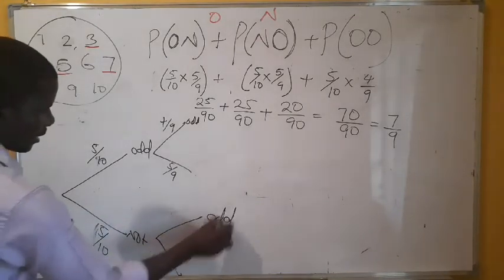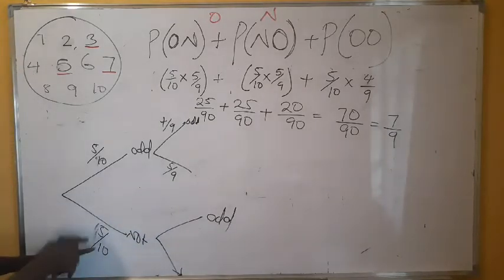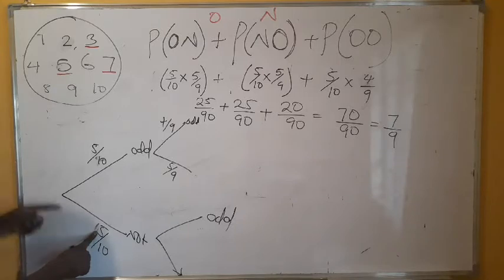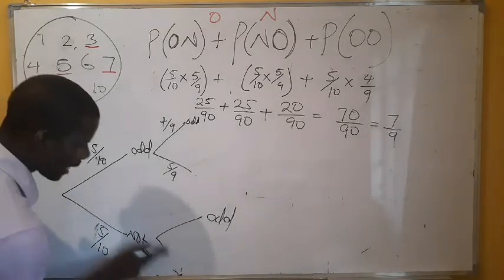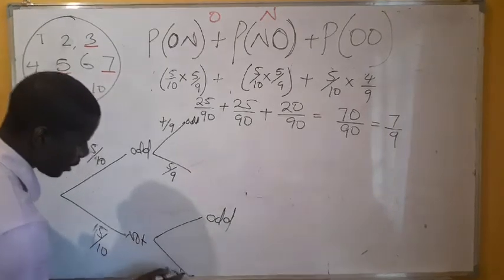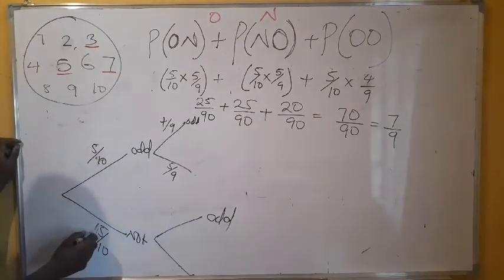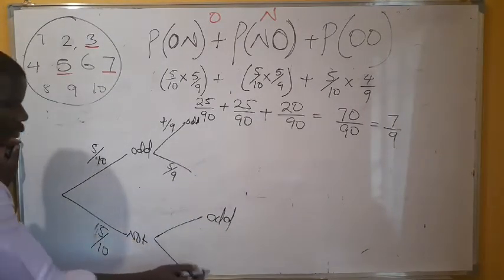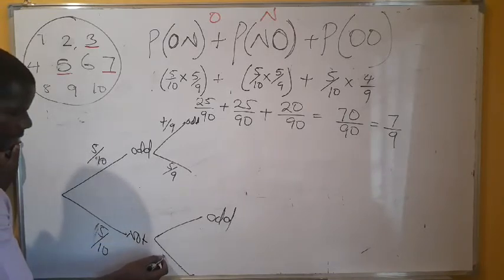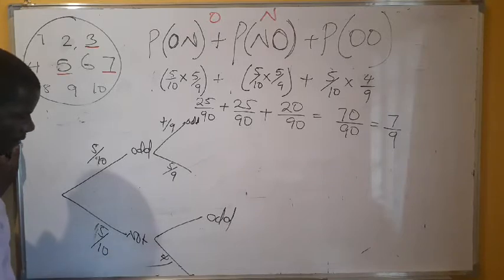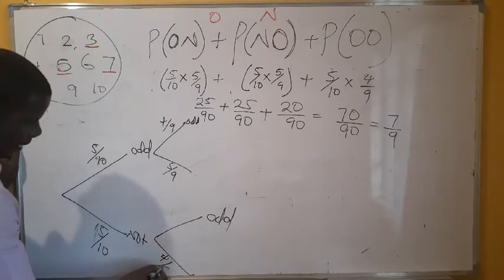The same thing will happen here. If the first one that was drawn was not an odd number, and then the second draw is also going to be for the odd numbers. If the second one is also not an odd number, then we are going to have 4/9.